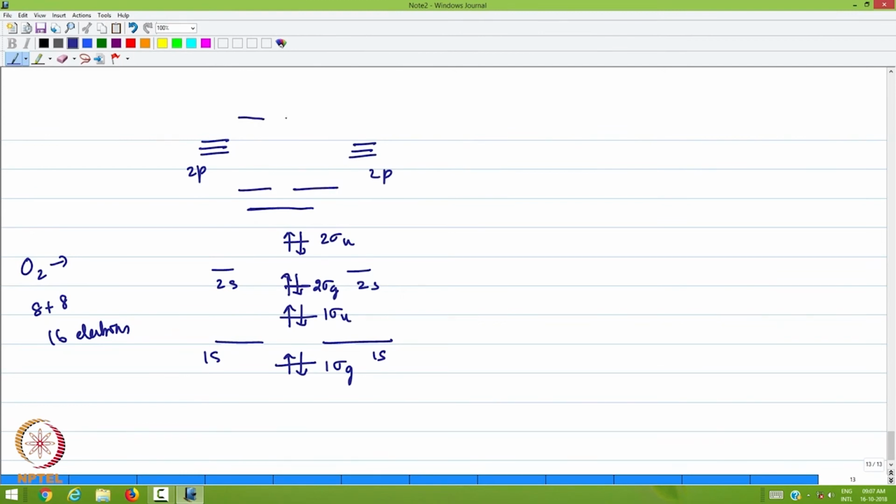With respect to the anti-bonding orbitals, there are no problems. The pi anti-bonding orbitals, pi g star, and this is sigma u. Okay. Now, you can see this is 2. So, this is 3 sigma g, this is 3 sigma u, and since you have 1 pi u, this is 1 pi g, 1 pi g.